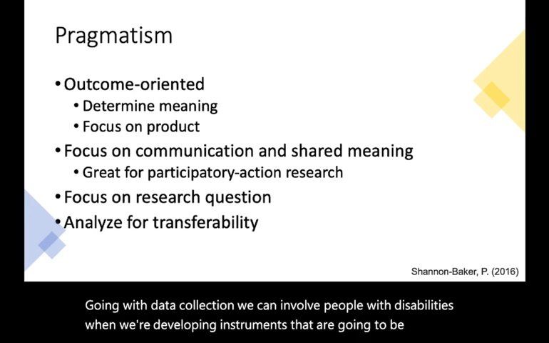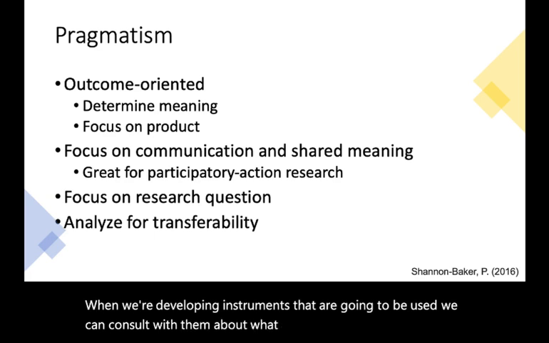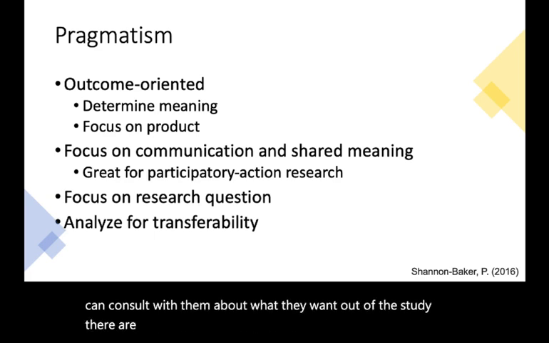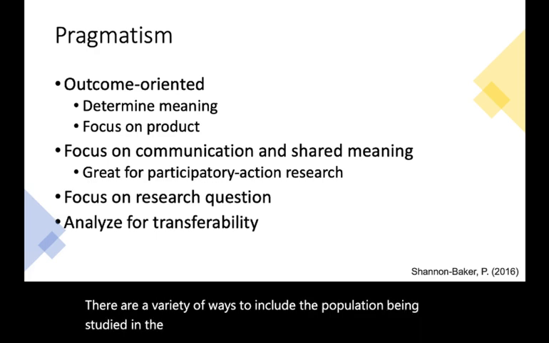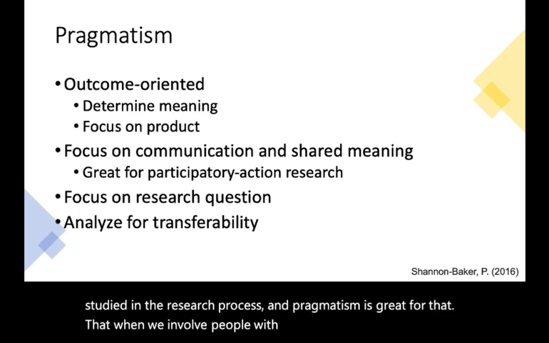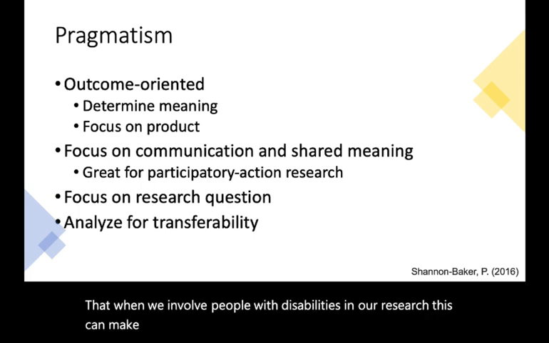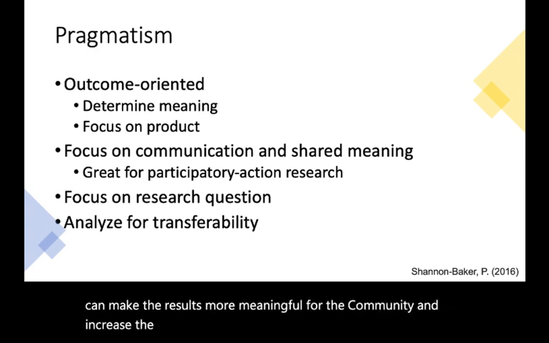We can consult with them about what they want out of the study. There are a variety of ways to include the population being studied in the research process, and pragmatism is great for that. When we involve people with disabilities in our research, this can make the results more meaningful for the community and increase the likelihood of adoption of the results.